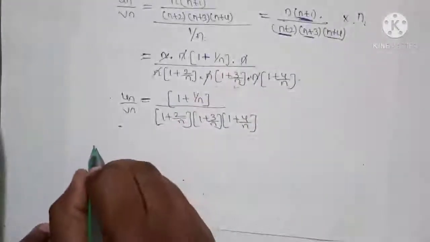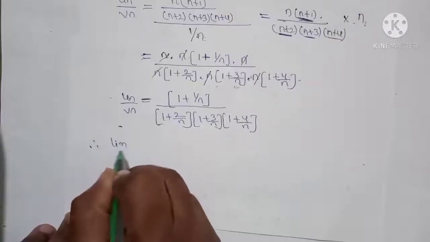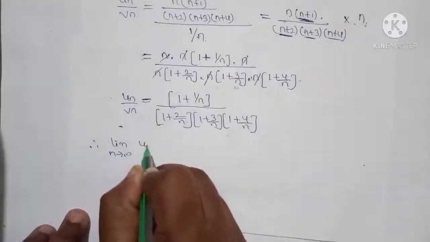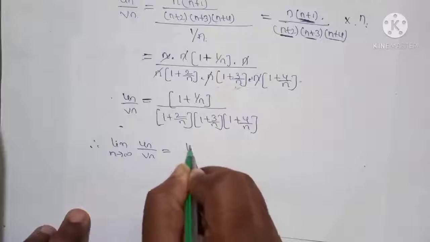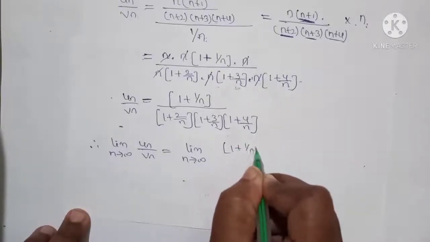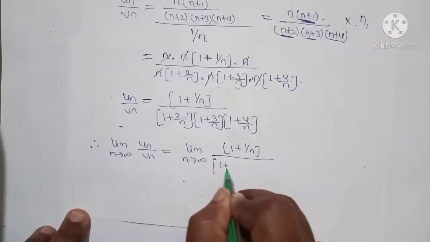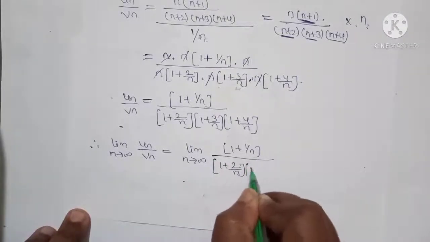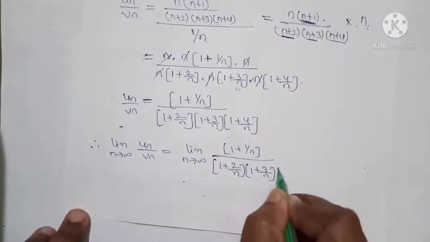Therefore applying the limit n tends to infinity to un by vn, we get limit n tends to infinity of 1 plus 1 by n, divided by 1 plus 2 by n, 1 plus 3 by n, into 1 plus 4 by n.